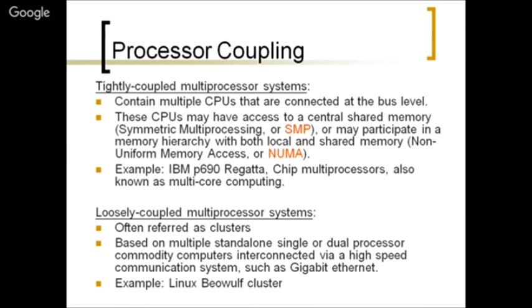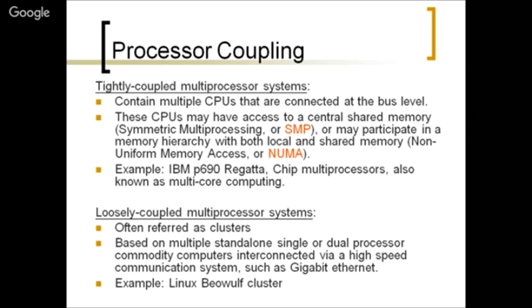They are tightly connected to that bus, and these CPUs may have access to a central shared memory, as we did in the last slide. We have SMP and ASMP, symmetric and asymmetric multiprocessing. This can be called symmetric because the bus and the shared memory are shared equally among all the CPUs.